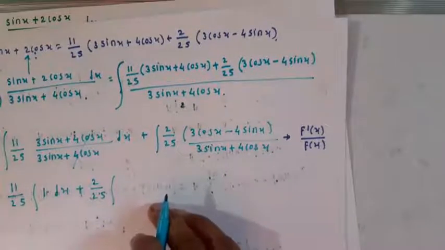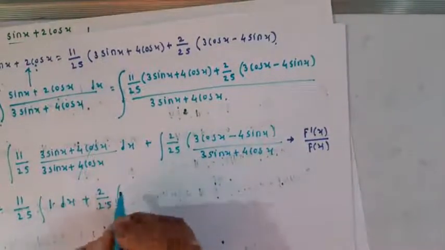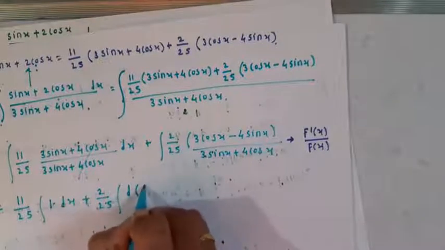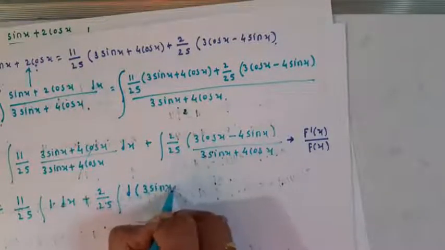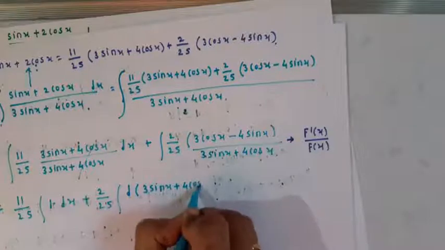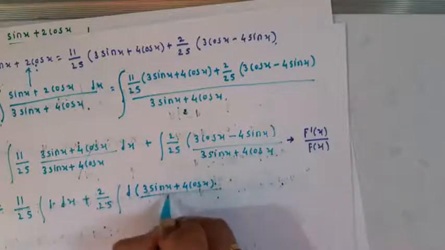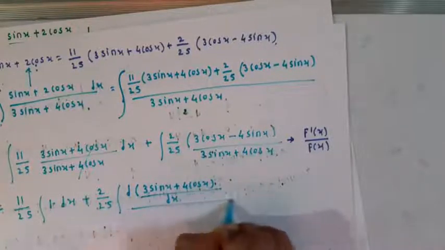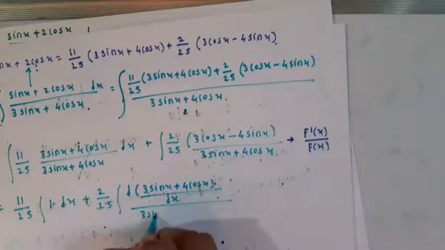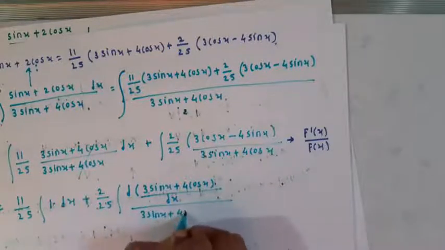This is f dash of x upon f of x, that is the derivative of 3 sin x plus 4 cos x with respect to x, upon 3 sin x plus 4 cos x.